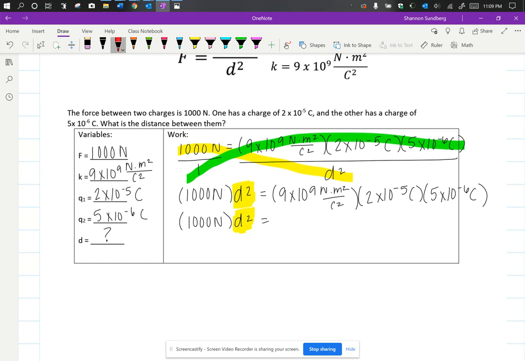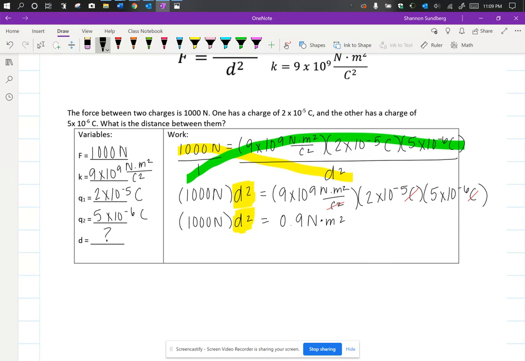And if you're keeping track of your variables here, you're going to see that these coulombs are going to cancel. And when you multiply all of those numbers inside your calculator, you are going to get 0.9. So 0.9, and the only units you were left with were newtons and meters squared. That's going to be a lot easier to plug into your calculator.